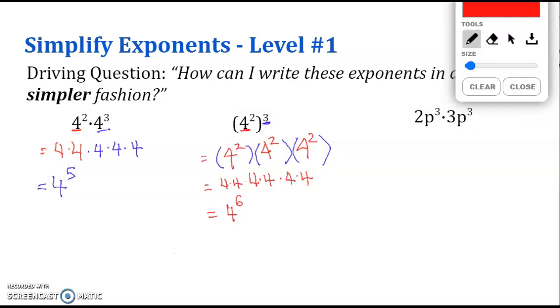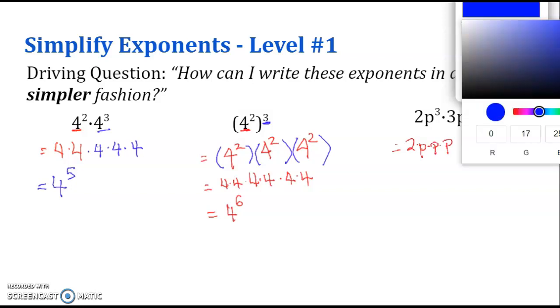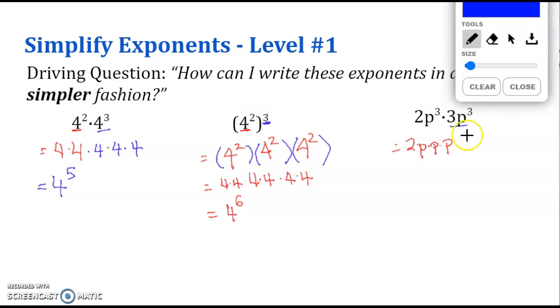And lastly, this one is 2 being multiplied by p times p times p. And then we have another term, 3 times p times p times p. That's from the second term.